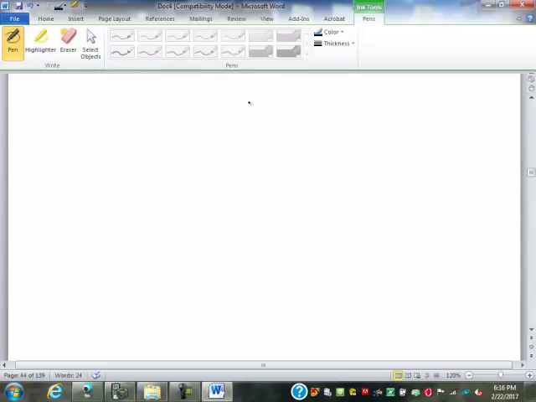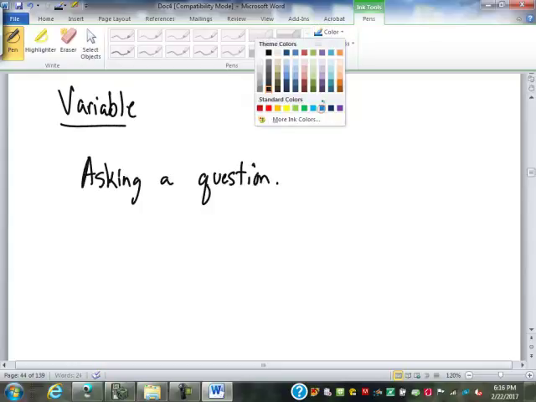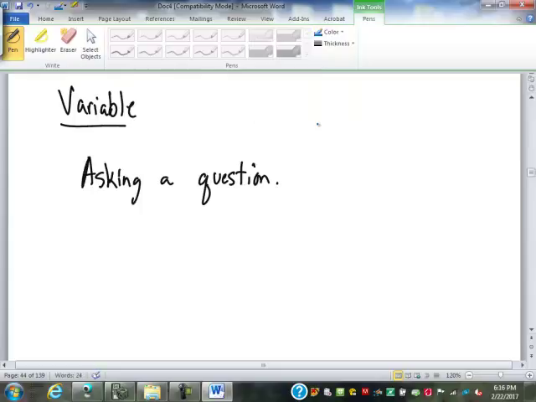Okay, so we'll talk about a variable. A variable is actually the specific thing that we are gathering information about. When we are doing this, we are asking a question. So that question might be, are you going to vote for this bill or not?